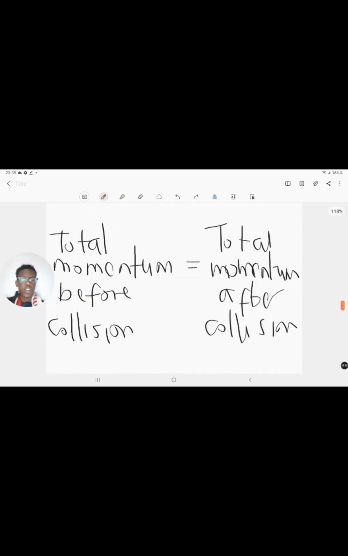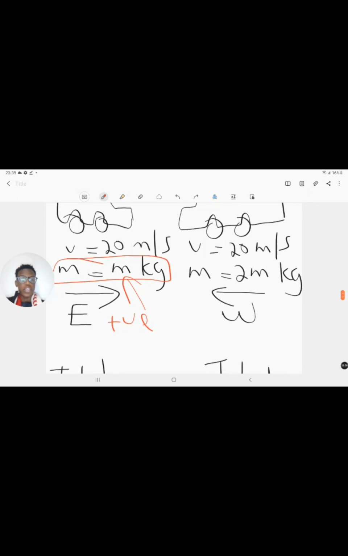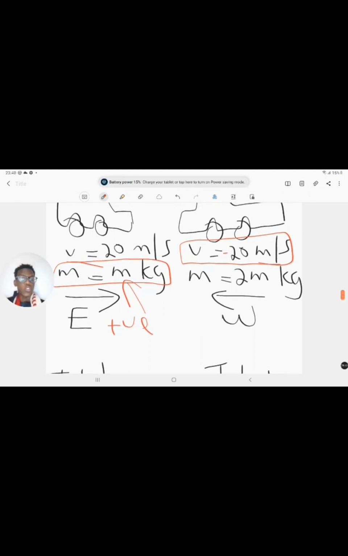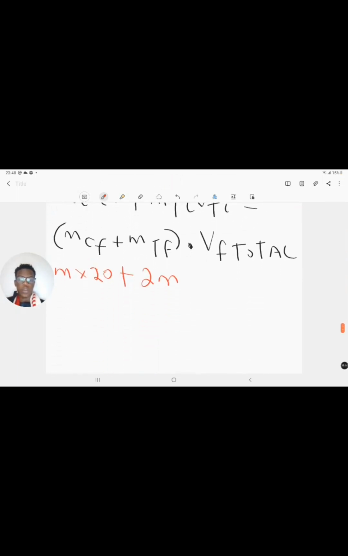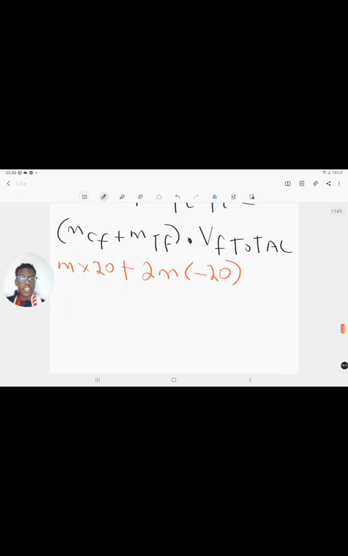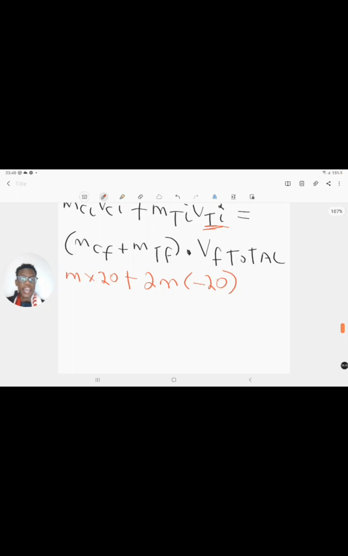The velocity of the truck before the collision is 20 meters per second. But we can't just write 20 meters per second. We have to specify the direction. If we said east is positive, then west has to be negative. So that is minus 20. So we're going to say 2m times minus 20. That is what vTi is.